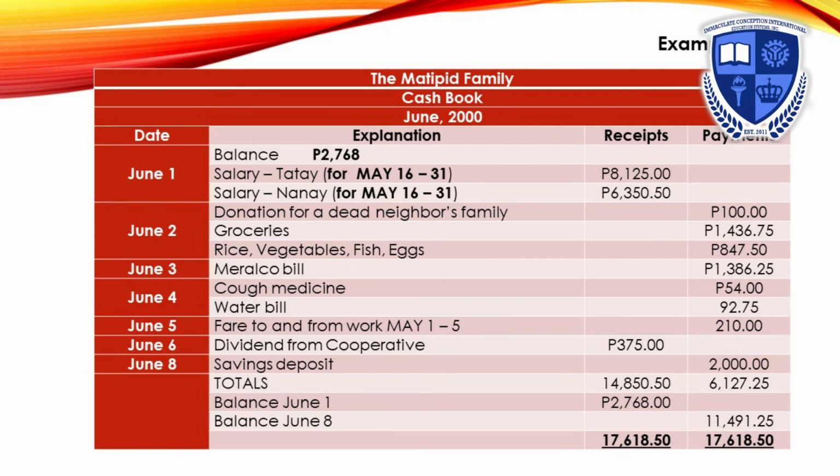For salary of nanay matipid for May 16 to May 31 din po is 6,350.50 pesos na nasa receipts din po. For the date of June 2, our explanation donation for a dead neighbor's family na ating binigyan ay 100 pesos na nakalagay sa payments.